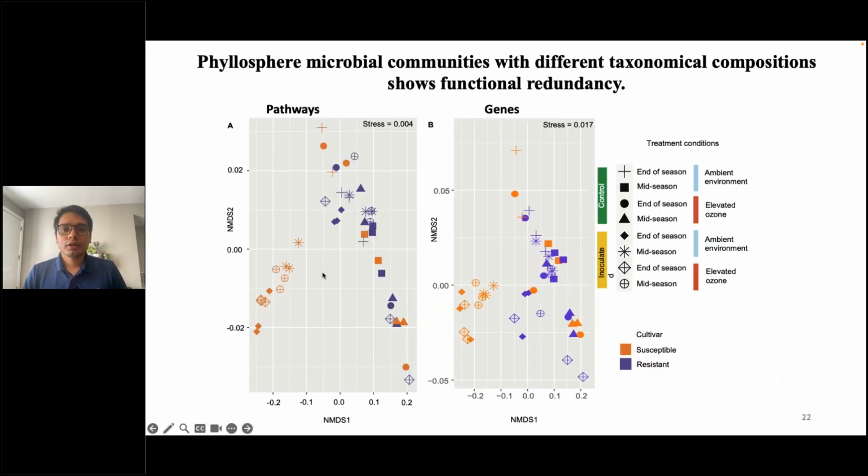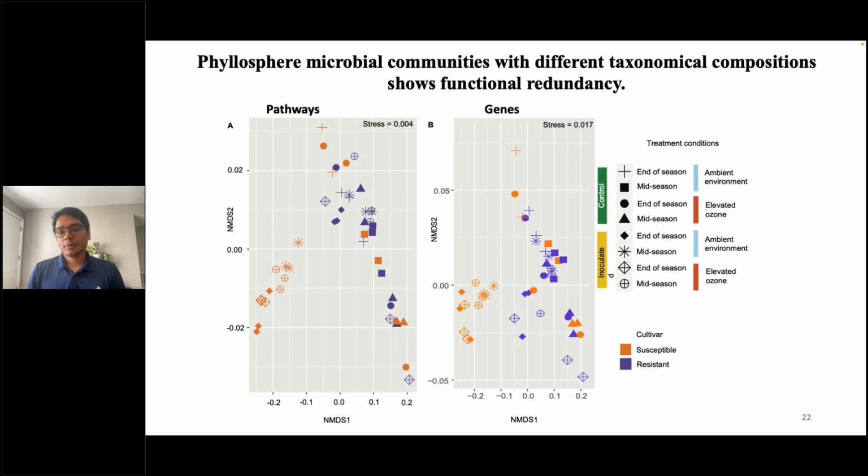The overall community function based on the relative abundance of the metabolic pathways as well as their associated gene families mapped into these pathways were not affected by any of these factors. So this suggests that although there are distinct microbial communities in the phyllosphere, they can perform similar functions in order to overcome this environmental stress.